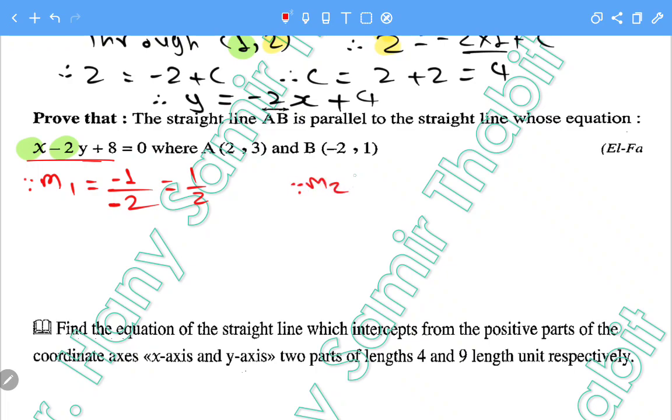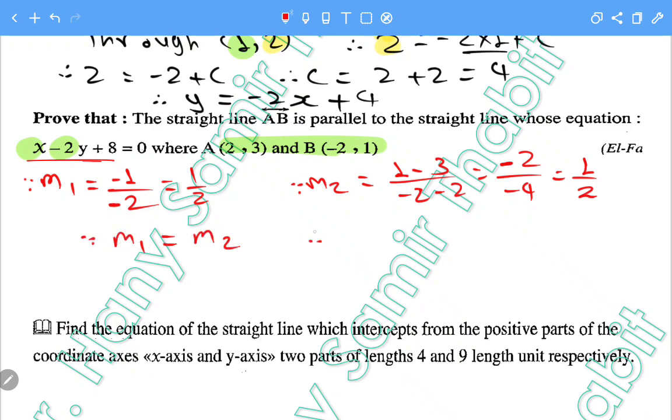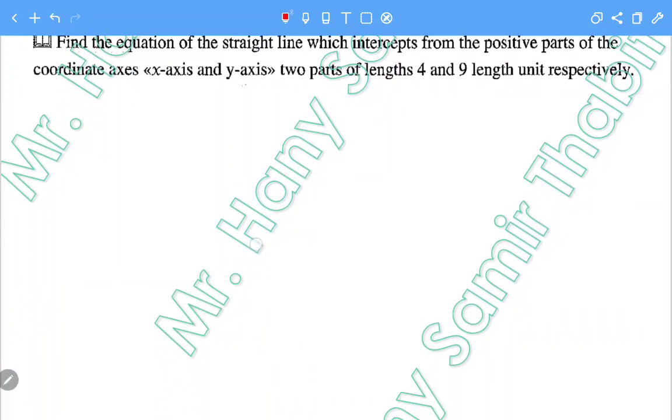And M2 equals y2 minus y1 over x2 minus x1, 1 minus 3 over negative 2 minus 2, here we have negative 2 over negative 4, which is half. Since M1 equals M2, then L1 is parallel to L2, and this is the required.